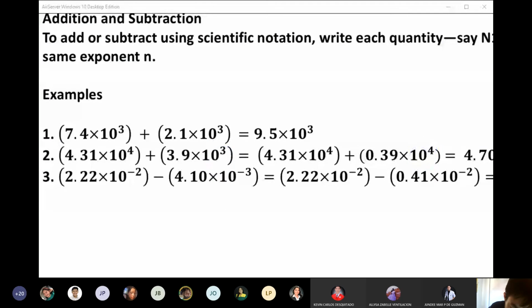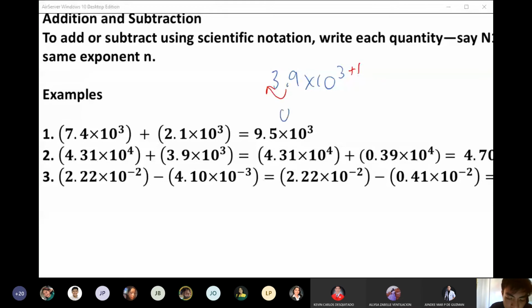Paano yun, no? Sulat natin. So, this is 3.9 times 10 raised to 3. If you want to make the exponent 4, you just have to move your decimal point to the left. Kasi as I told you kanina, every time you move to the left, positive 1 ang katumbas. So, we have to move 1 step to the left so we can add 1 sa exponent.